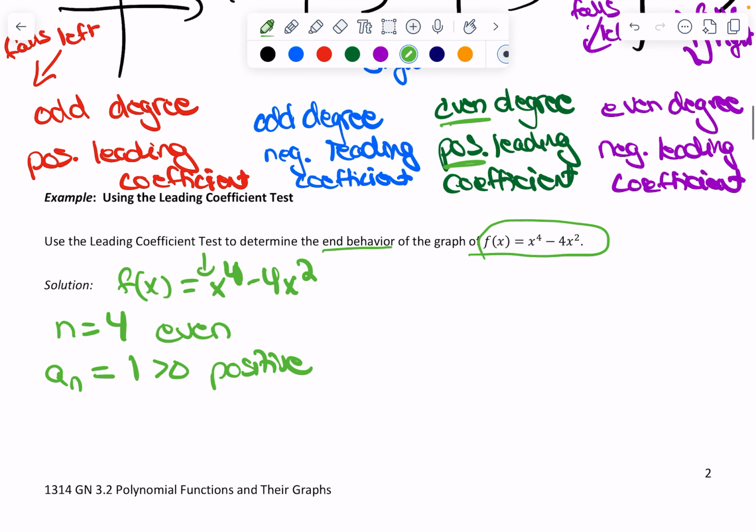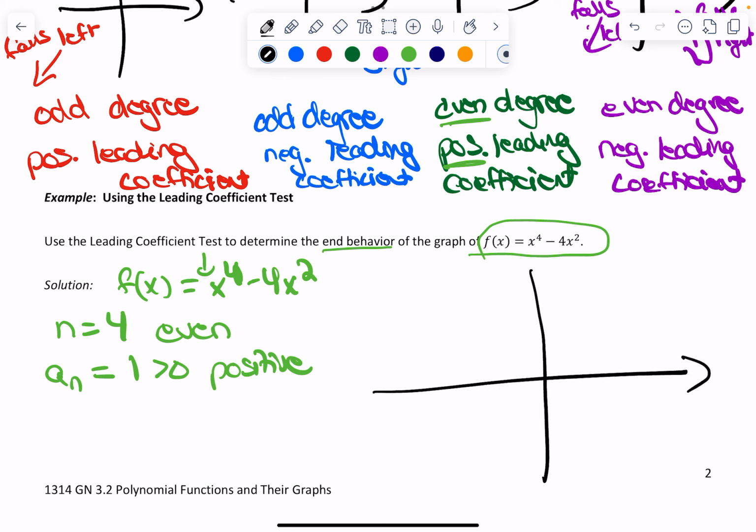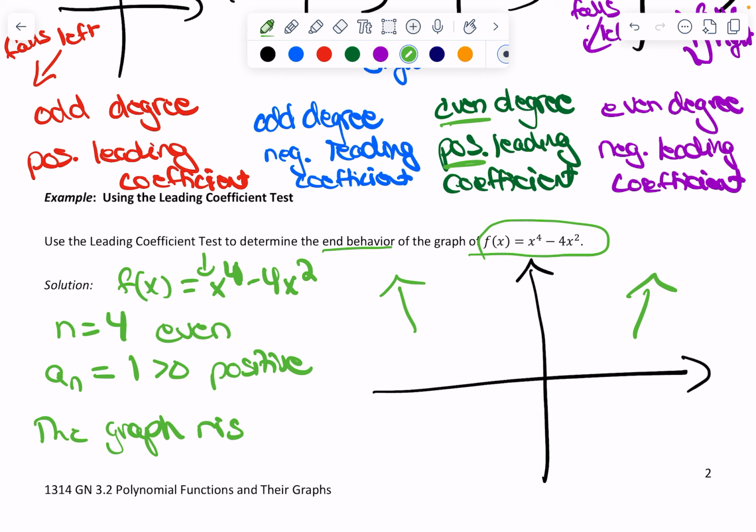So when we graph or sketch this, the graph rises to the left and to the right.